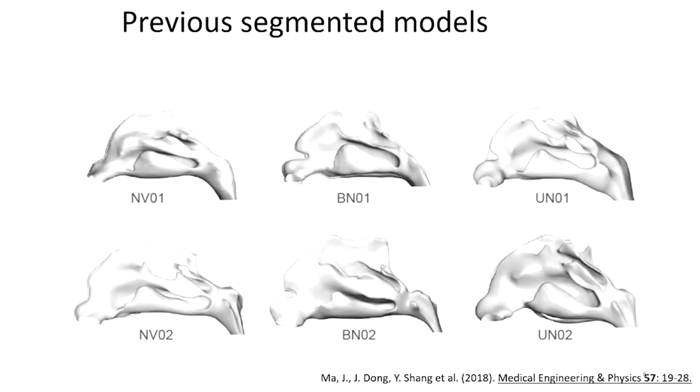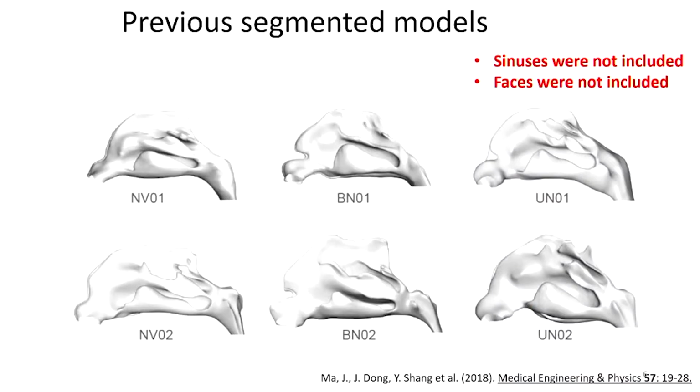I also would like to show you some nasal models we previously segmented. Those models are the simplest models. We can see that in those models, sinuses were not included. This is basically because sinuses are usually a big challenge to reconstruct. The second problem is that the faces were not included.